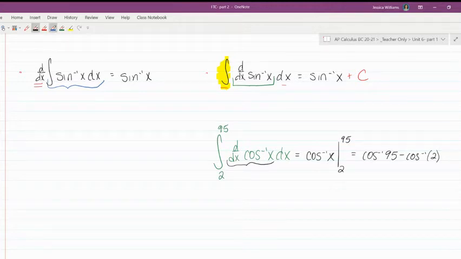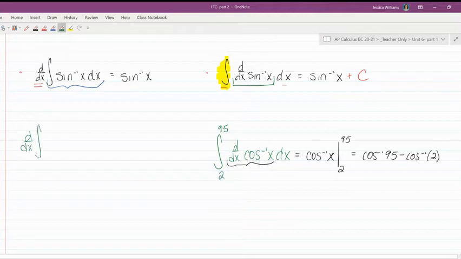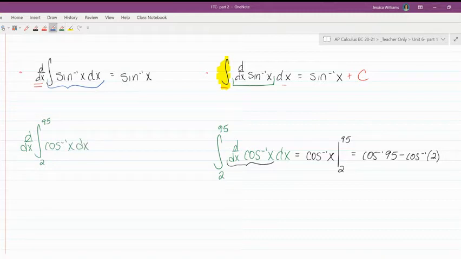So the last one left to do is, what order? Differentiate the integral from 2 to 95 of inverse cosine. Okay, so remember your order. You would take the integral first, and then just like yesterday, you would have that integral, whatever it is, and you would evaluate that integral between 2 and 95.